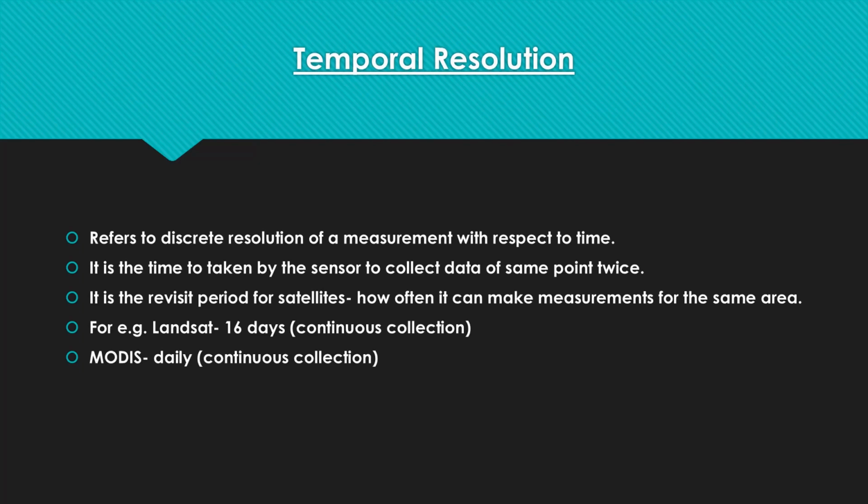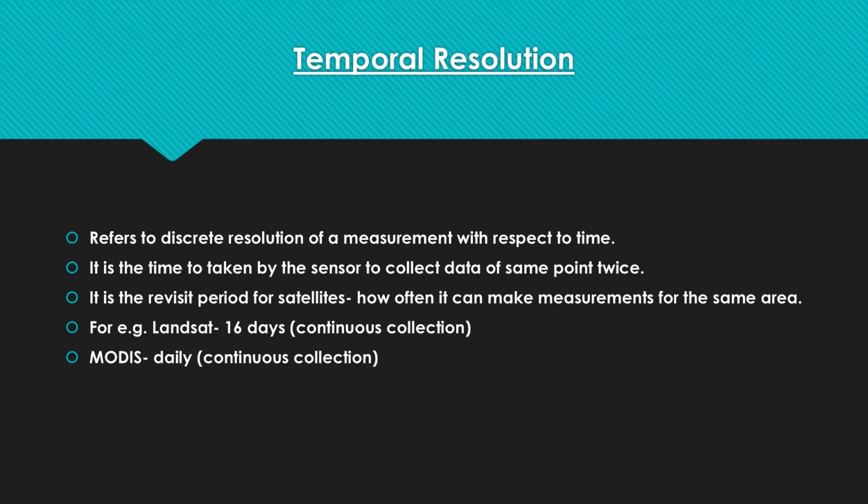Why 24 hours? Because that particular satellite has revisited Almora city exactly after 24 hours. So this is the concept of temporal resolution or the revisit time period. Time taken by a particular satellite to visit a particular area consecutively is known as temporal resolution.